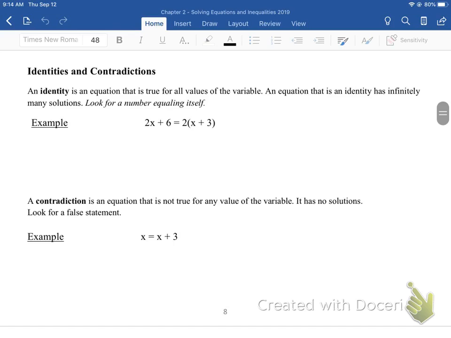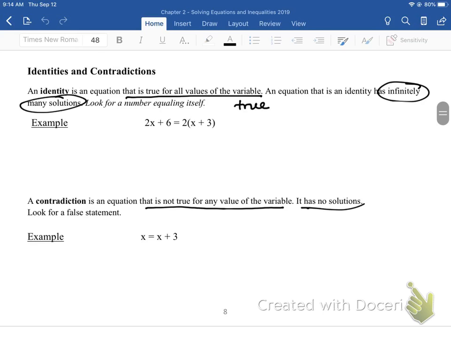Okay, so the last section of this lesson is identities and contradictions. Okay, so an identity is something that's always true. A contradiction is something that's never true, okay? So an identity has infinitely many solutions. And what you're looking for is a true statement, okay?